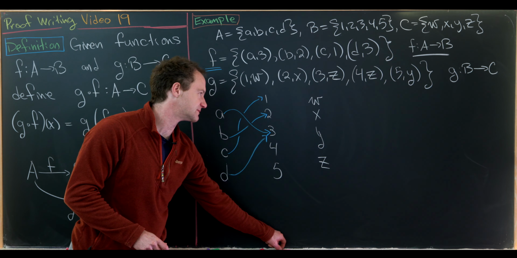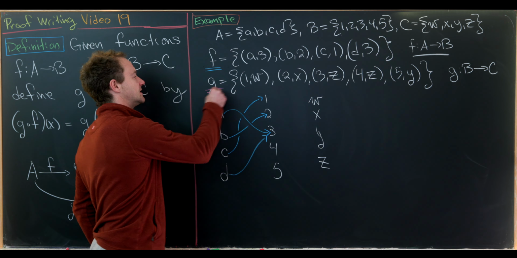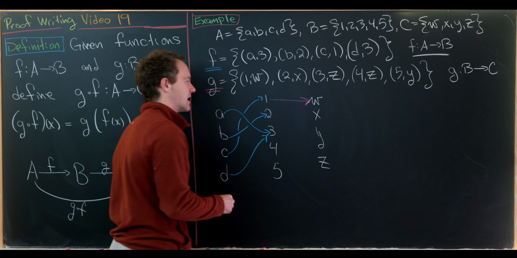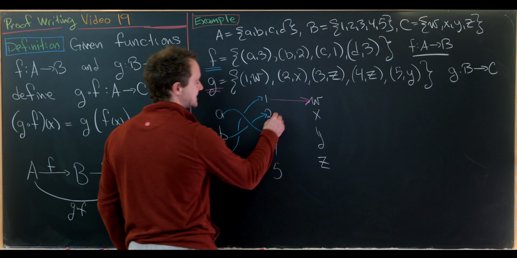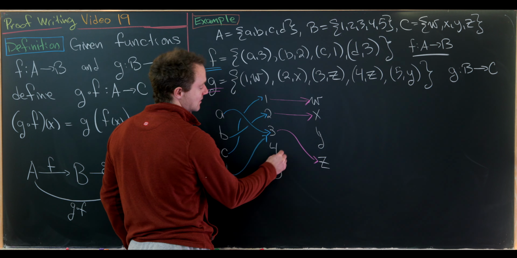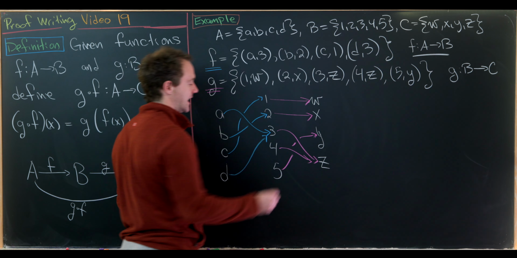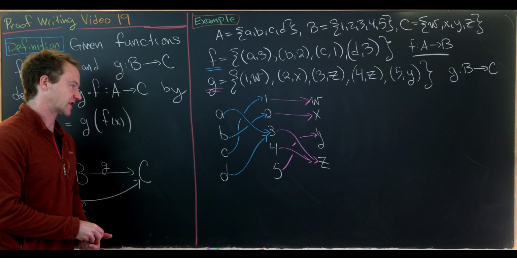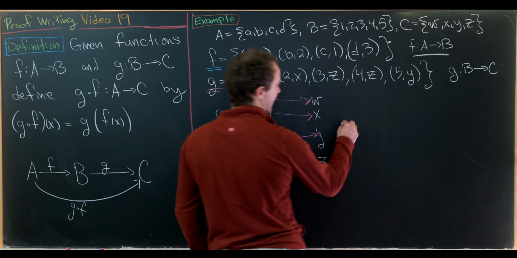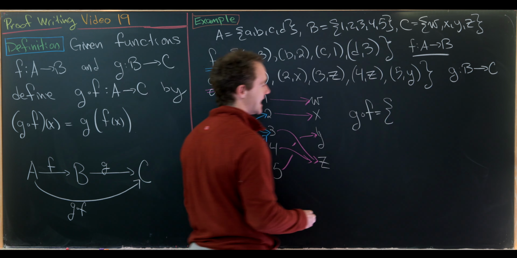And then in this magenta color, we'll outline the action of g. So g takes 1 to W, so that would be an arrow right across. It takes 2 to X, 3 to Z, 4 also to Z, and then 5 up to Y. So it does that sort of action. And now let's take this and write down g composed with f as a set.